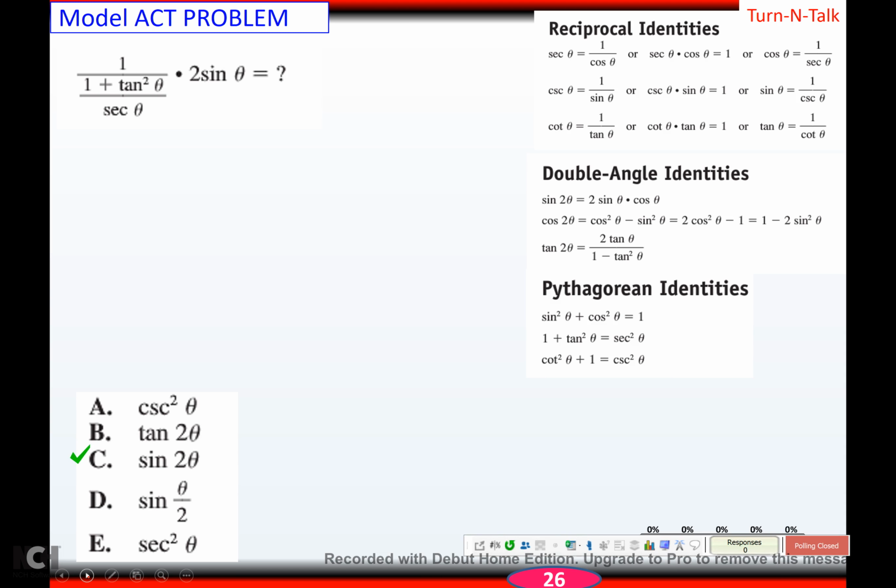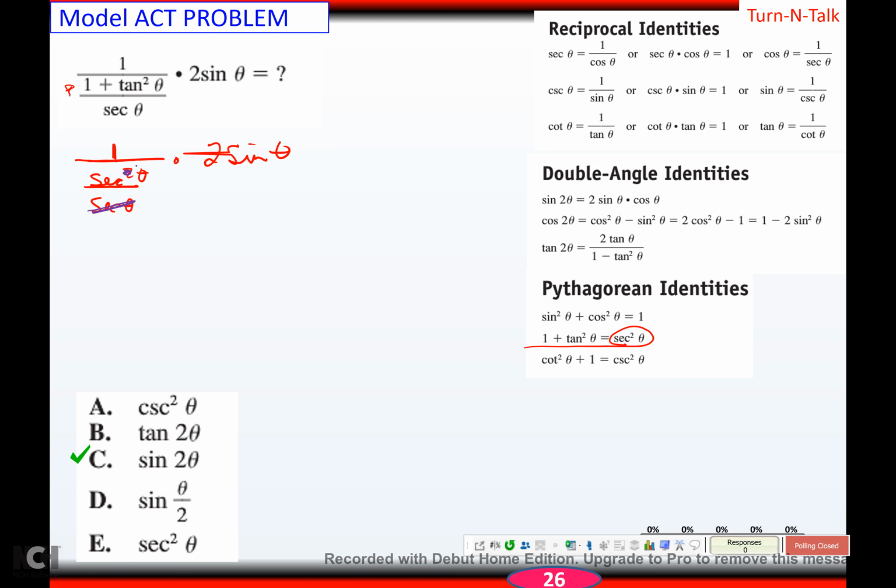Alright, I see 1 divided by (1 plus tan squared) over secant. So the first thing I'm going to do is rewrite this 1 plus tan squared as secant squared. So that would be 1 over secant squared theta over secant theta times 2 sine theta. Well, on the bottom there, this 1 copy of secant will cancel 1 copy of secant there.